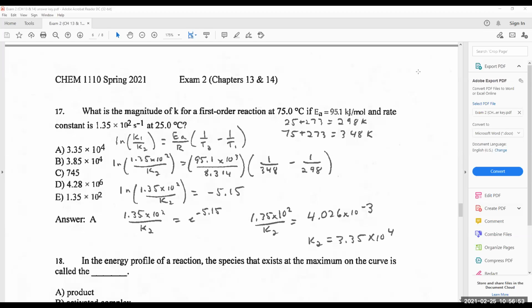So hopefully you practiced using your calculator to work with natural logs and anti-natural logs, and are comfortable doing that. On problems like this, you have to set them up correctly in the correct units, but almost as important is making sure you can keep your calculations straight. If you're able to do all that, you would have gotten an answer of 3.35 times 10 to the fourth.